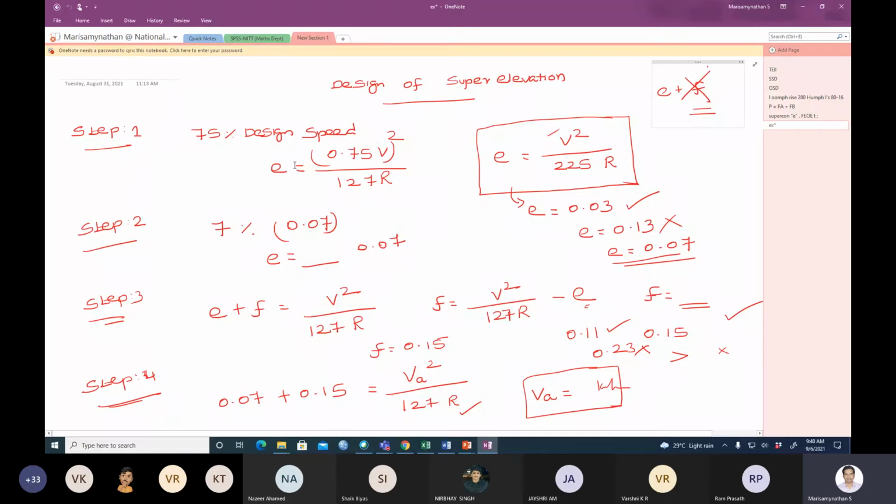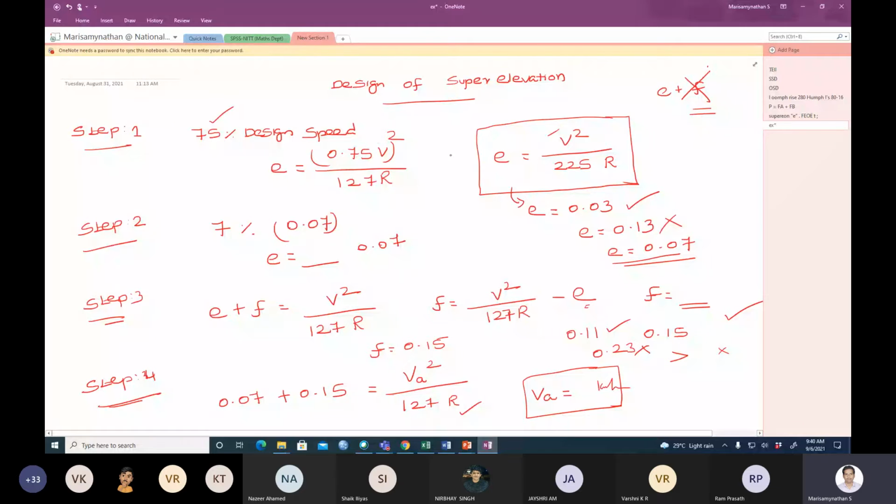What we assumed is that the friction we are trying to achieve is 75% of the design speed, if there are no specifications and the friction between the tire and the pavement surface exists.